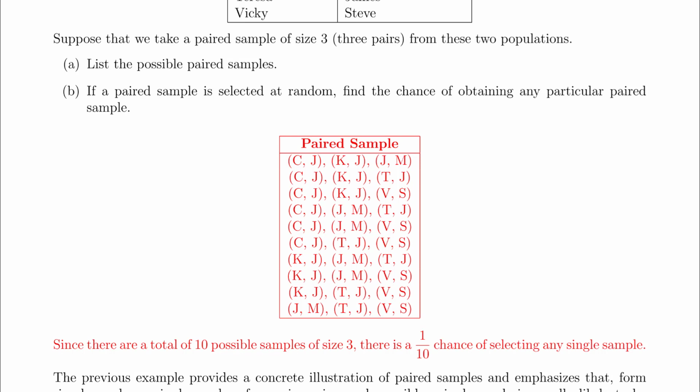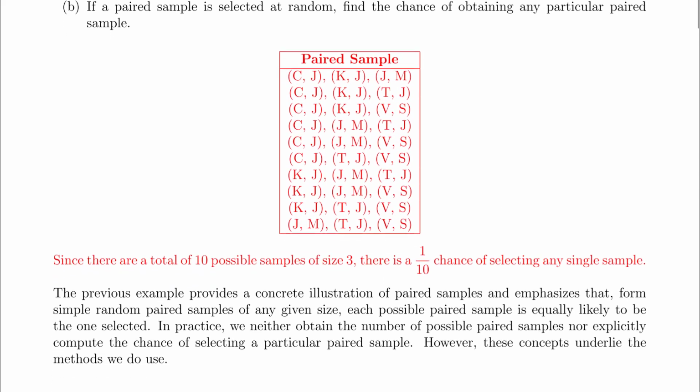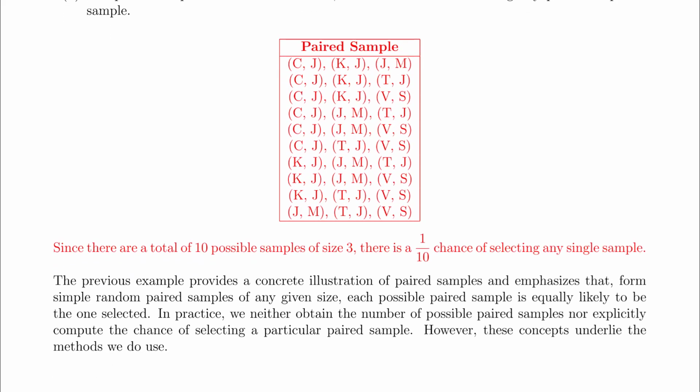We have this first paired sample, Carla, Jim, Kim, Joe, and Jamie and Mike, and then Carla, Jim, Kim, Joe, Teresa, James, Carla, Jim, Kim, Joe, Vicky, Steve, and we did that methodically all the way down the list. What we've generated are 10 samples. There are only 10 possible samples of size 3 out of those pairs. And there is a 1 in 10 chance of selecting any one of those single samples.